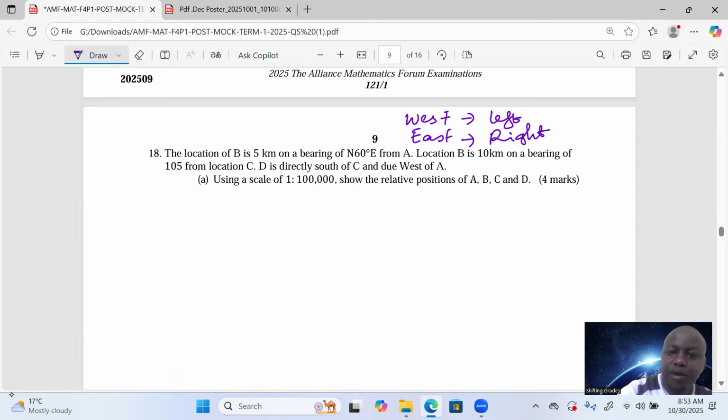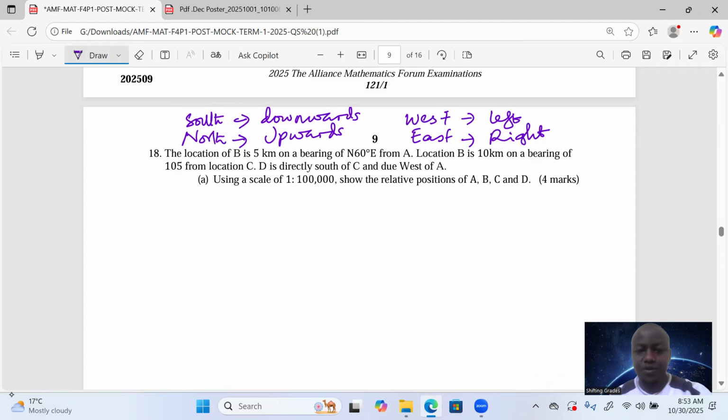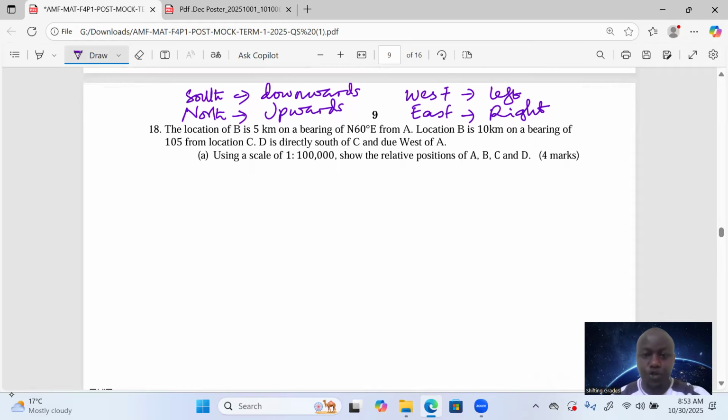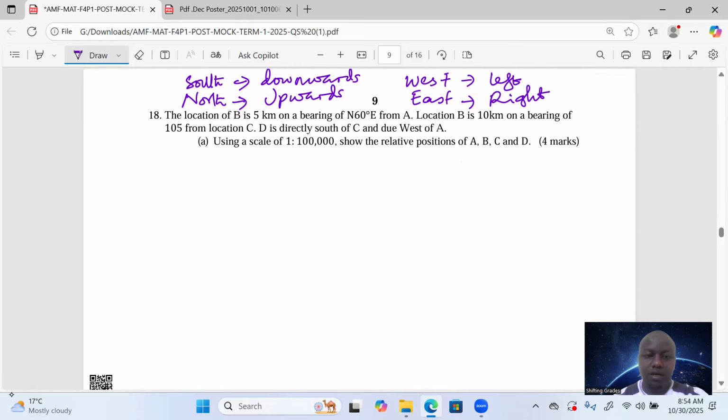So now it will depend on where you are seated. When we talk about south, it means perpendicularly downwards. When you talk about north, it should be perpendicularly upwards. So that's what you're supposed to master when it comes to bearings.